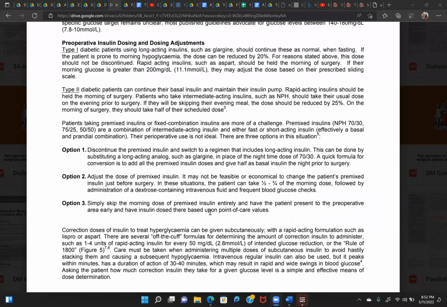Sorry. I was saying that the basic physiological concept is that irrespective of meal intake, there is constant production of insulin, like 1 unit per hour, which does other activities like prevention of breakdown of lipids and glycogen. This is the normal physiological mechanism.